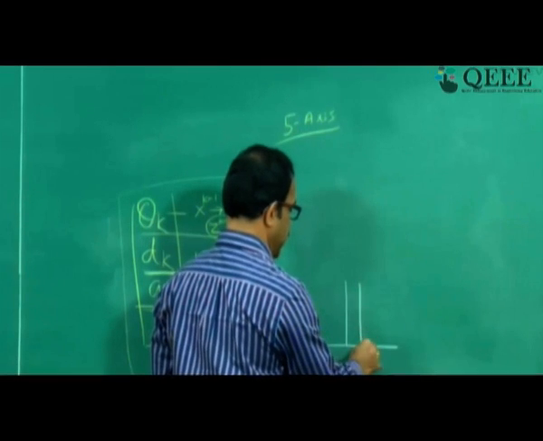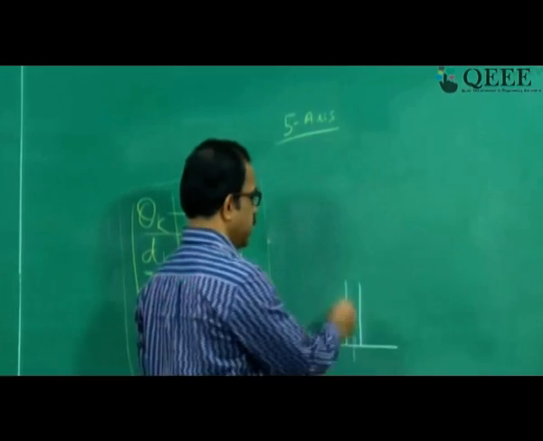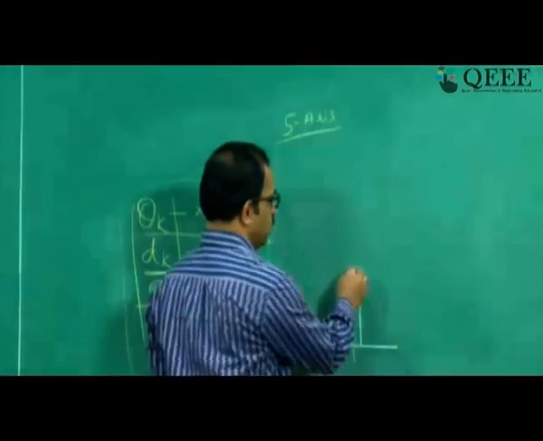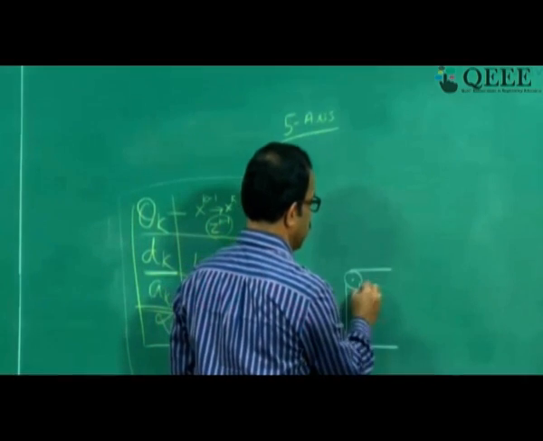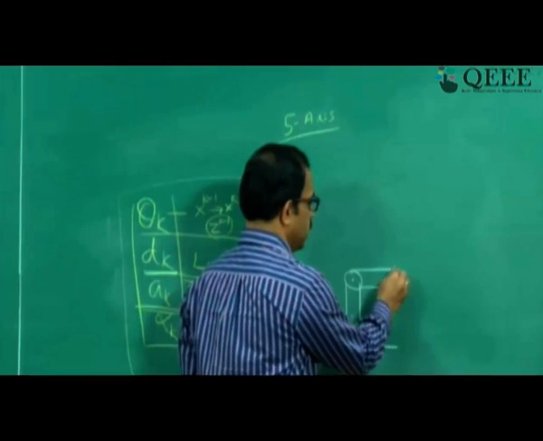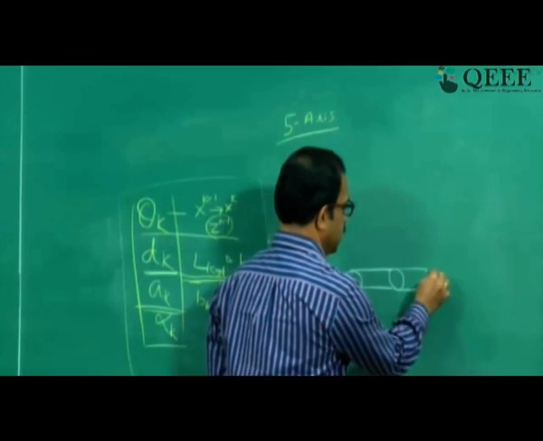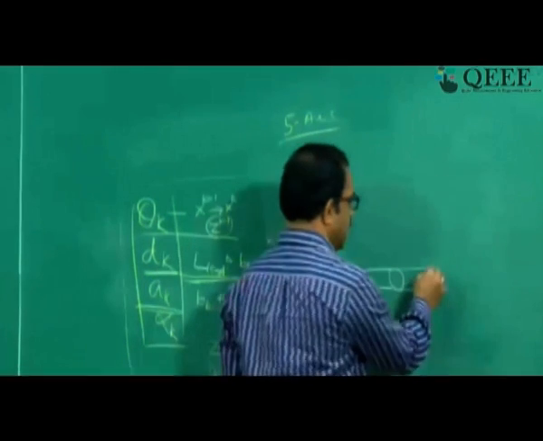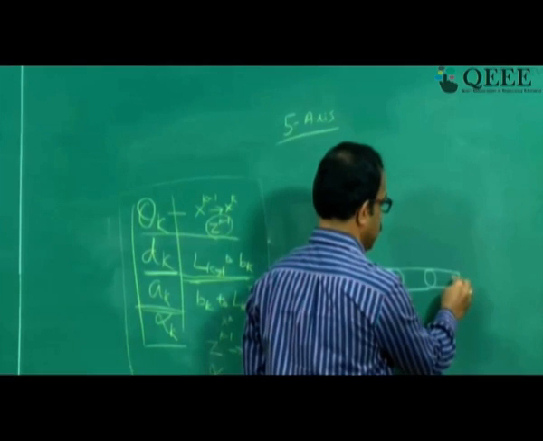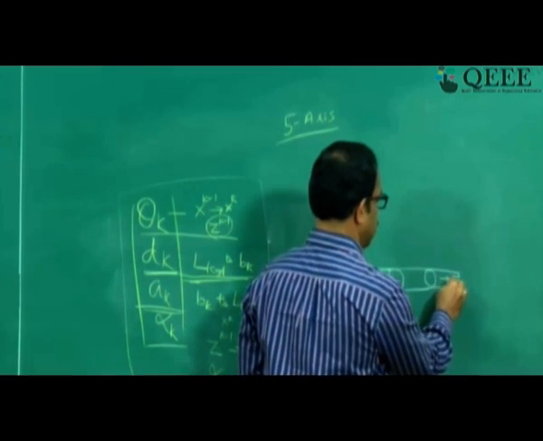This is the first vertical joint here. Then you have a shoulder, and I assume that the shoulder joint is pointing in this direction. Then you have another joint and another joint, and the last joint as the tool tip, a roll axis here.